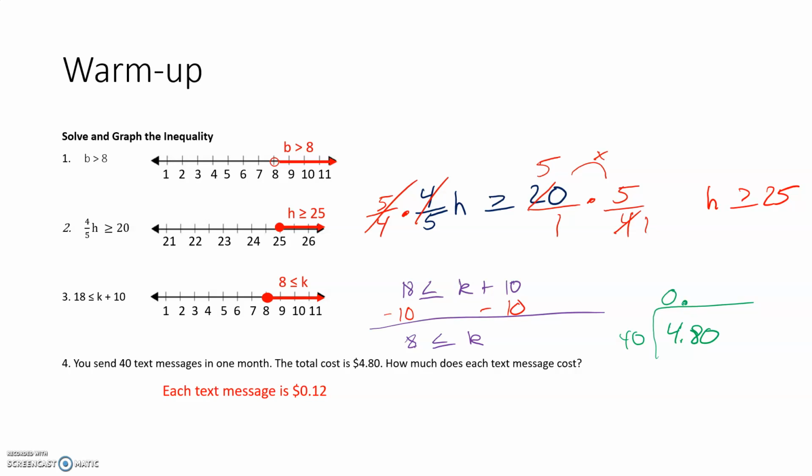Bring my decimal up. 40 goes into 48 one time. 1 times 40 is 40, and then I get 80. Bring down the 0. 40 goes into 80 2 times, 80, and I'm left with 0. So my answer is 12, and then to convert that to a money value, 12 cents. All right, so go ahead and resume onto the lesson.